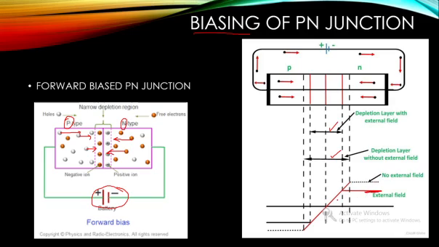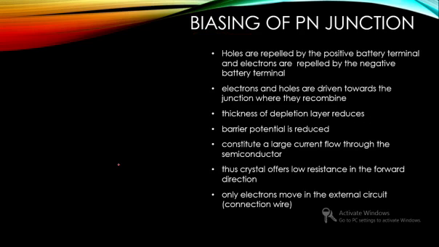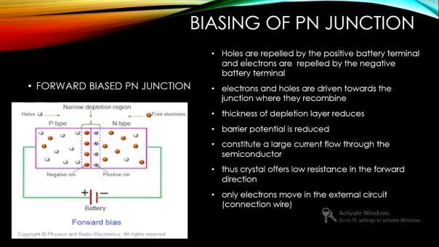Lowering of the barrier potential will allow a low resistance path for the charge carriers, and the charge carriers can easily flow across the junction, which means a current will be obtained. So that is mentioned here. In the case of a forward biased junction, holes are repelled by the positive battery terminal, while the electrons are repelled by the negative battery terminal.